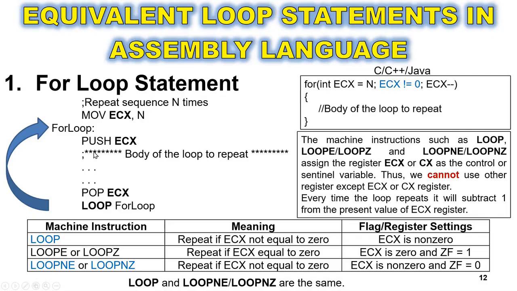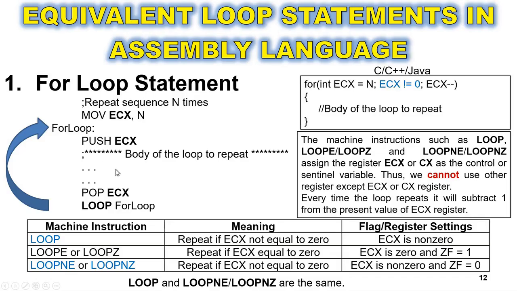So the next command is to push the value of ECX into the stack memory, the last in, first out data structure memory. After that, we can write our code that will be repeatedly executed by the CPU, and we can use ECX as a register to hold some values.